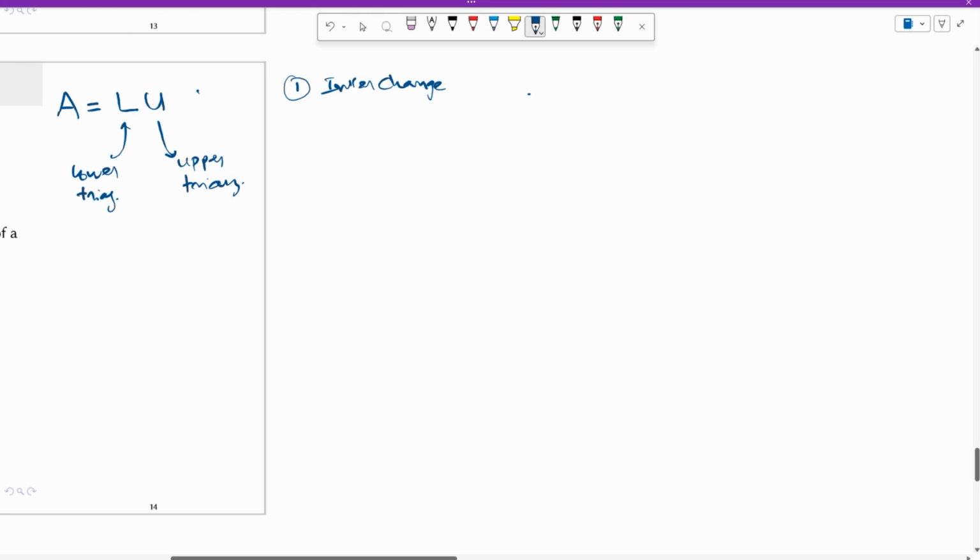What is the next one? Scaling, where you replace a row by alpha times that row.